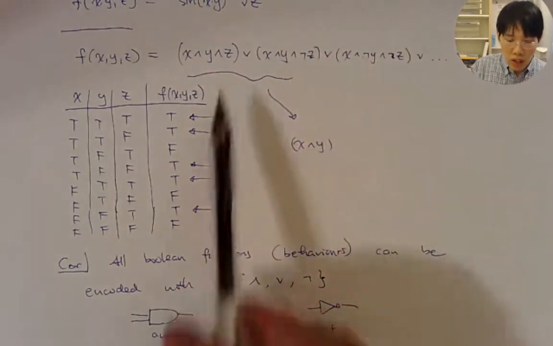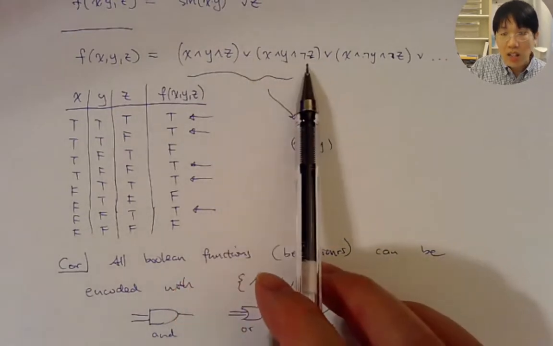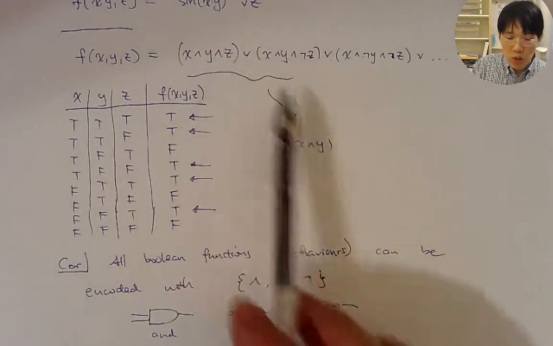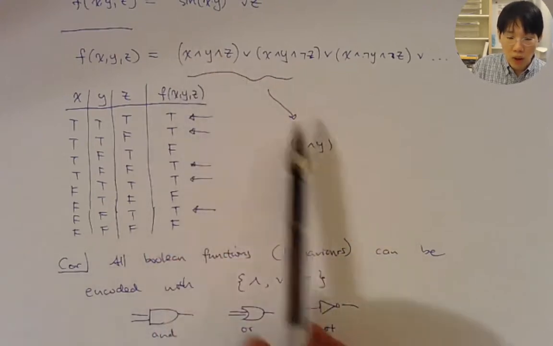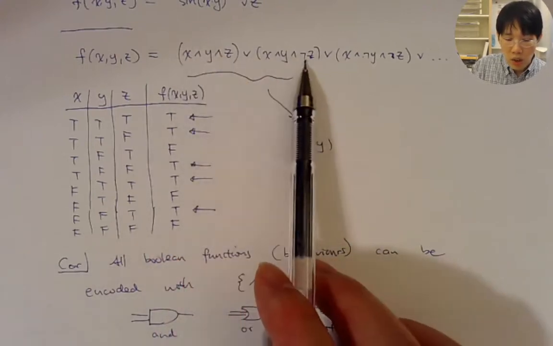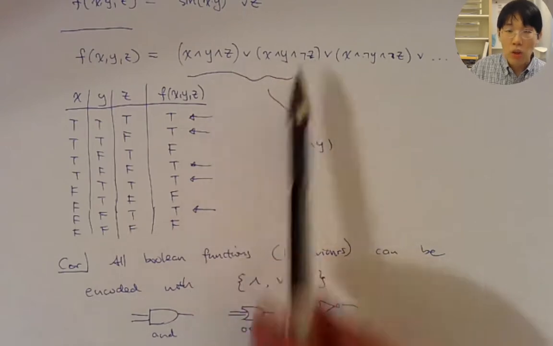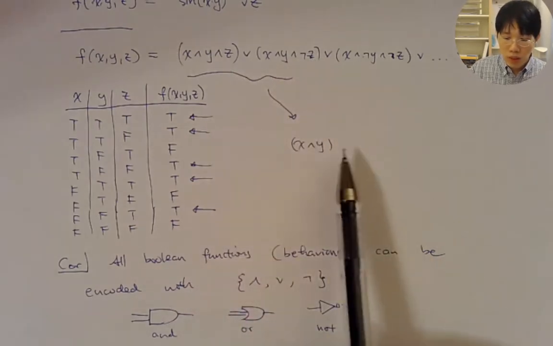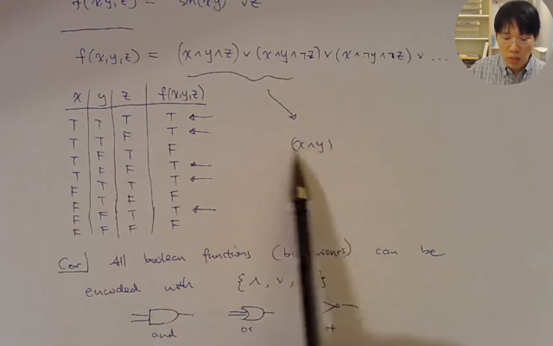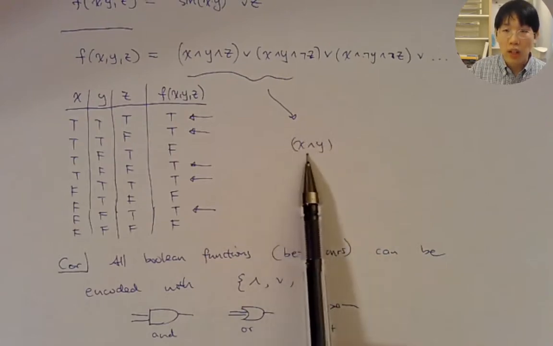Right? We can use distributivity to factor out, pull out the x and y, and then z or not z will turn into true, and then by the identity you can get it simplified to this.